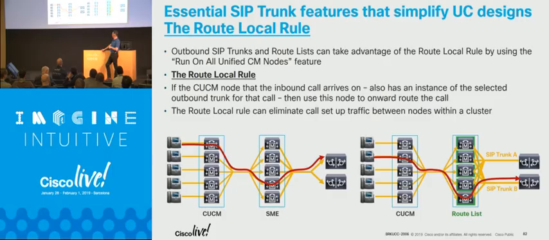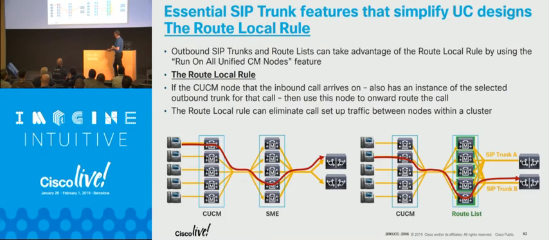Is there an instance of my selected outbound trunk on the same node that the inbound call arrived on? I'm running on all nodes. There is. So I'm just going to route it straight out, choose a destination address, and go straight out. What this avoids, again, is routing between these nodes here. And so run on all nodes allows me to provide an SME cluster that's clustered globally over the WAN with up to 500 milliseconds round trip time, as we'll see.